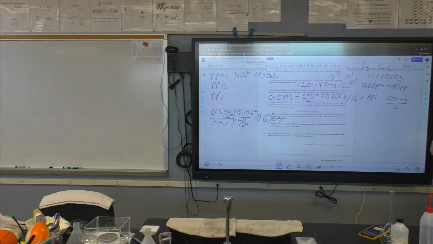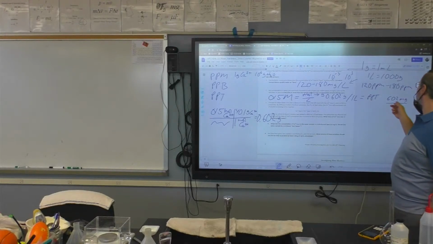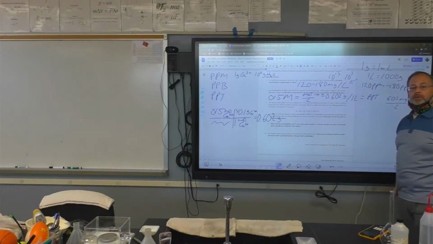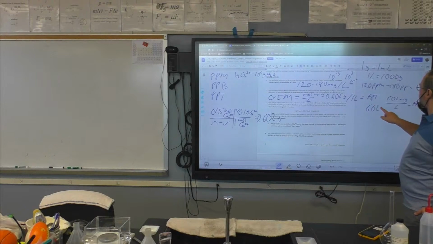Does that make sense, what I just did? So we have grams per liter, which is going to be part per 1,000. 602 milligrams is going to be part per million. Considerably larger than the 120 to 180 that we previously discussed. So we're going to have 602 part per million.